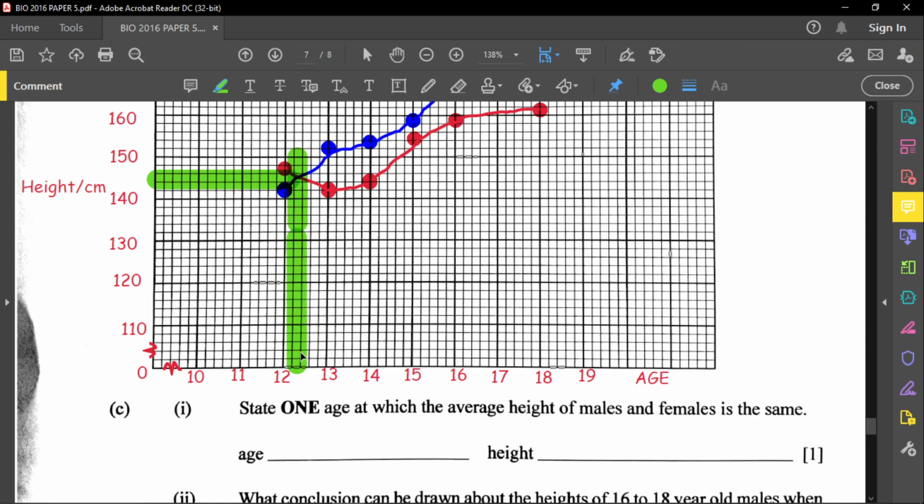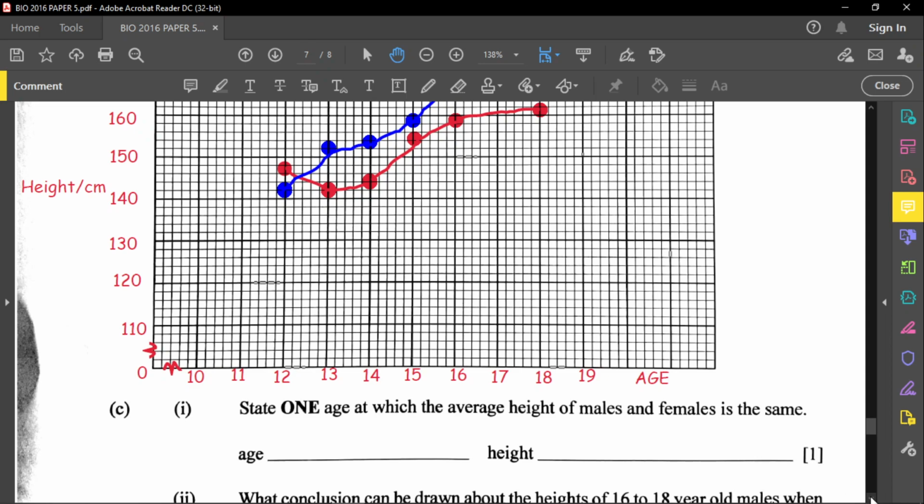All right, so you check where both lines meet, which is here. That's where both lines meet. You can look from both lines to the x and y axes, and you get the value of height and also the age. So let's put our answer there.